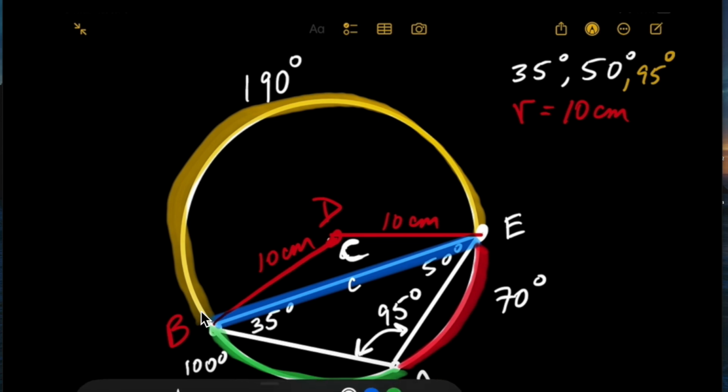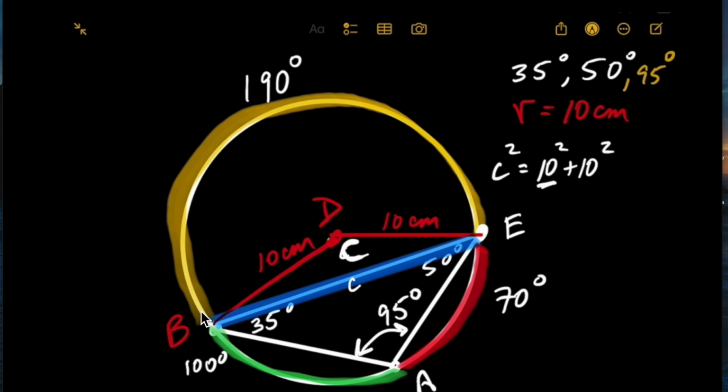So we're going to call little c squared, that's the length, is going to be 10 squared plus 10 squared. These are the two sides that form the angle, minus 2 times 10 times 10 cosine of angle C. So this is going to be our equation to find that length.